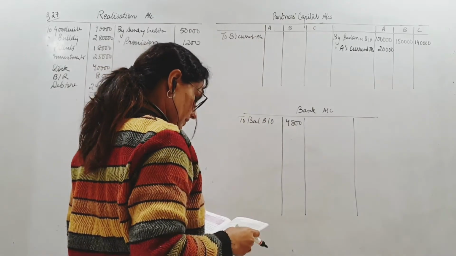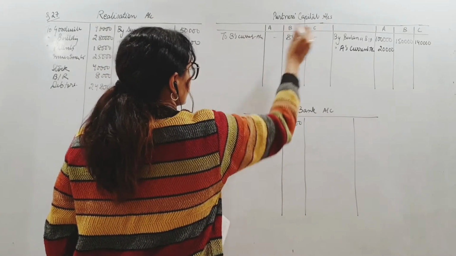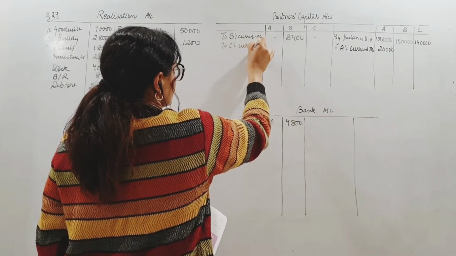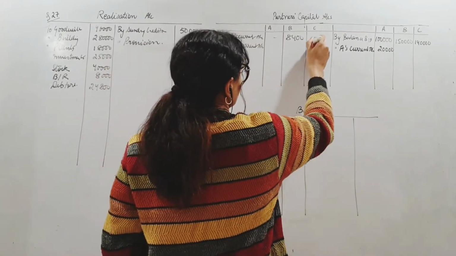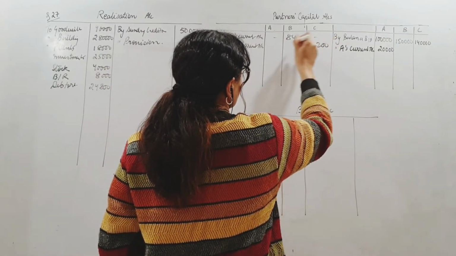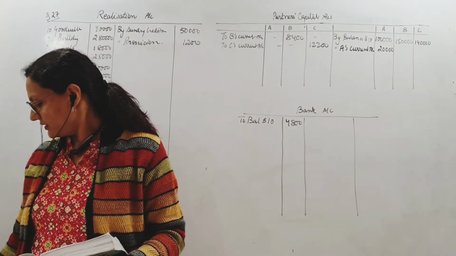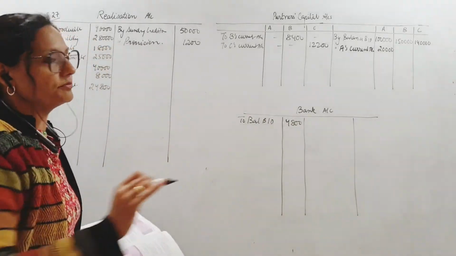In B's capital account, I will put 8,400 and C's current account has a balance of 12,200. That I will debit to C's capital account. Okay. So the first step is over. We have put all the assets and liabilities in their respective places.